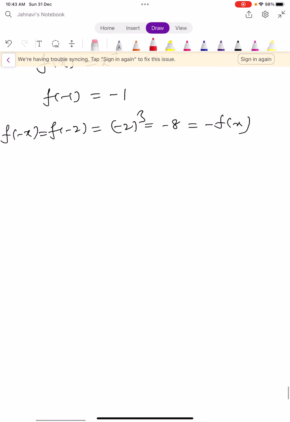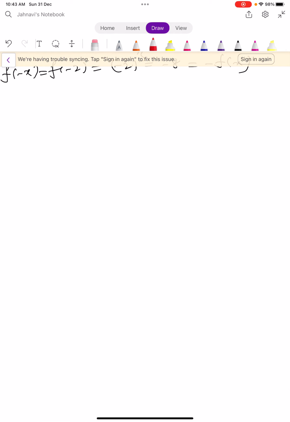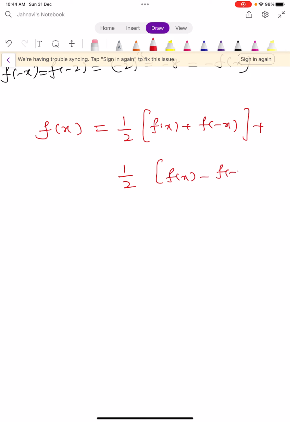Now let us learn one important point to remember. Any function f of x can be written as the arithmetic mean of even and odd functions, like this: f of x is equal to 1 by 2 [f of x plus f of minus x] plus 1 by 2 [f of x minus f of minus x].